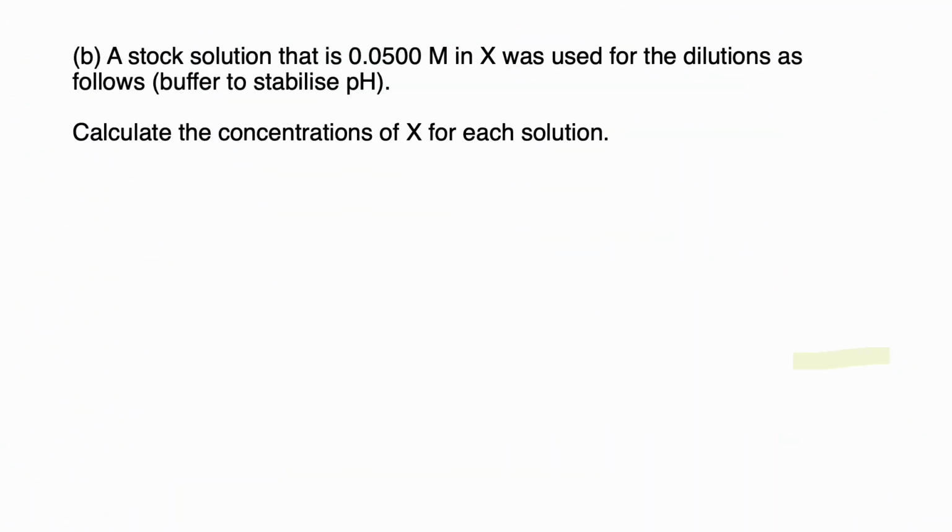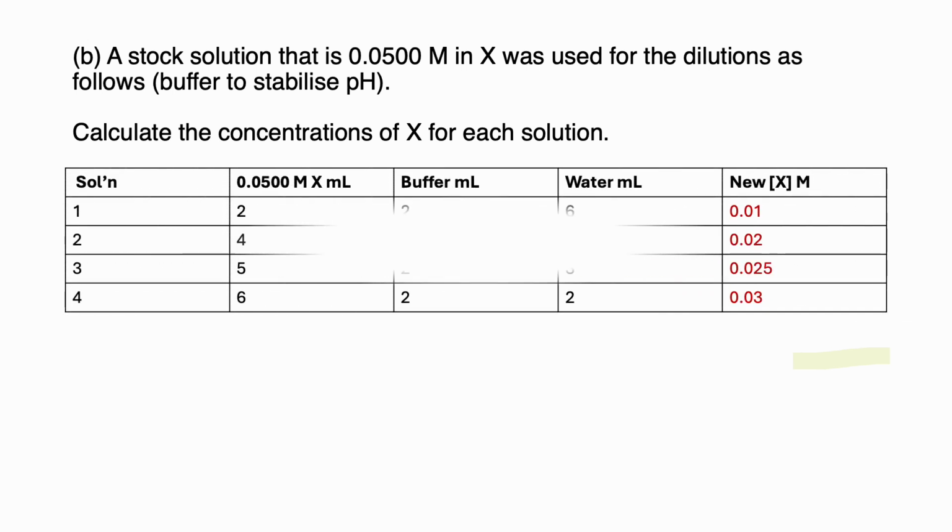Part B. A stock solution that has 0.05 moles of X was used for dilutions as follows. Calculate the concentration of X for each solution. So this is the table with all the different solutions, the concentrations, buffer, water, and what we are calculating is the new concentrations.